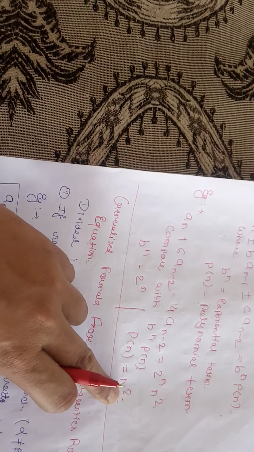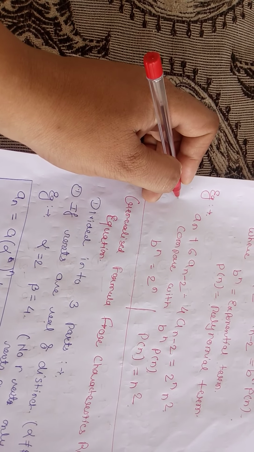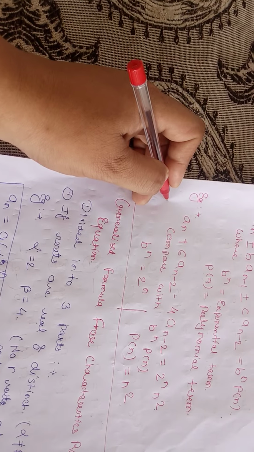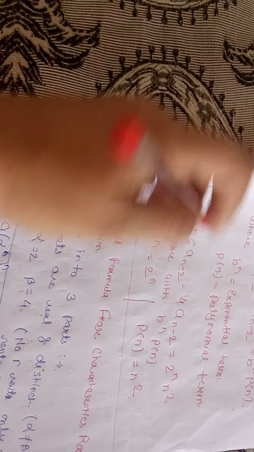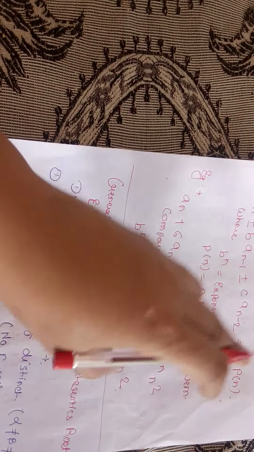Fine. So this is our introduction of homogeneous and non-homogeneous recurrence relation equations. I hope you understand. If I am repeating again, if we have 0 on the right hand side, then that is generally called a homogeneous equation.